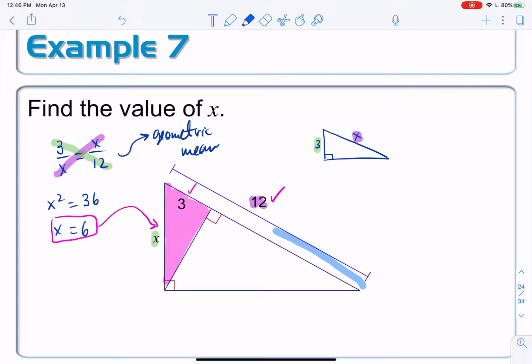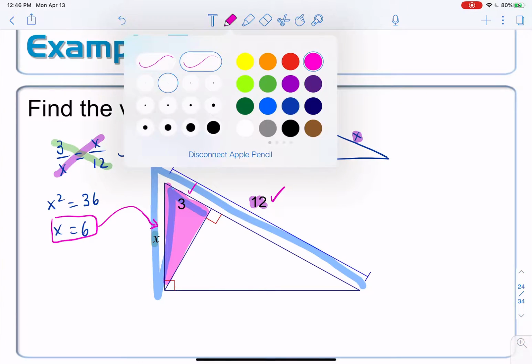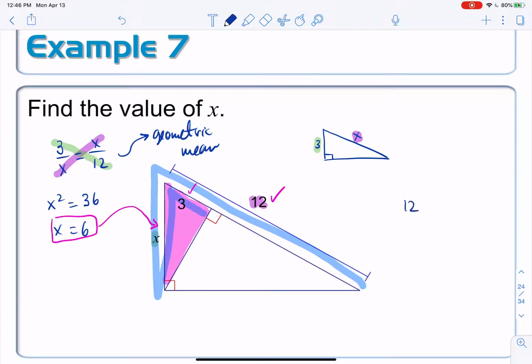So 12 over x is equal to x over 3. I notice that's not exactly what we had before. 12 over x is equal to x over 3. Doesn't look identical to this one, but their cross products are definitely the same. I'd have x squared is equal to 3 times 12, 36, and it would solve for the exact same value.